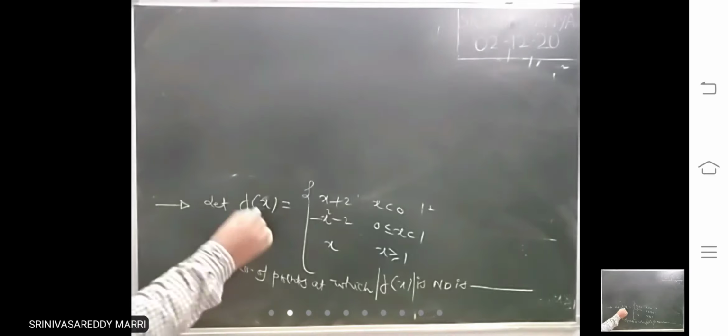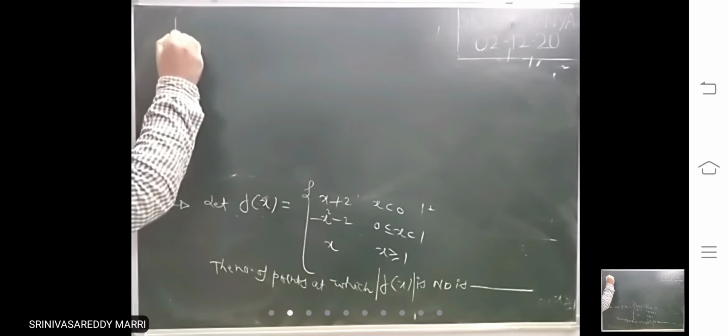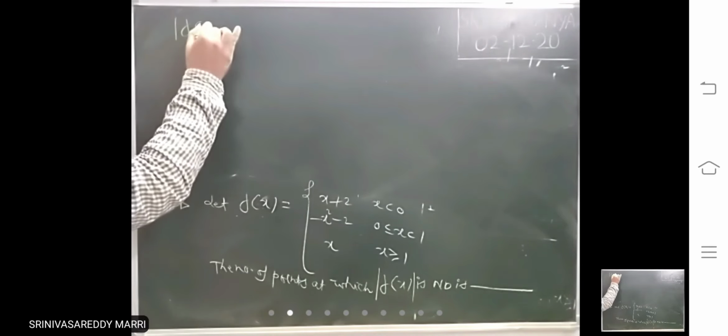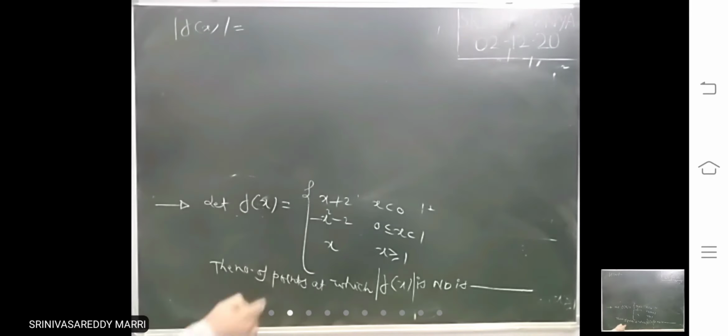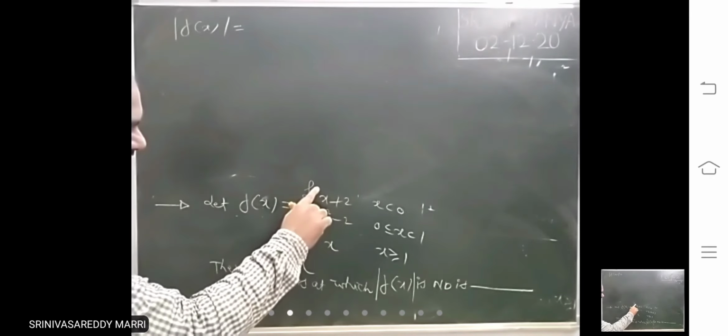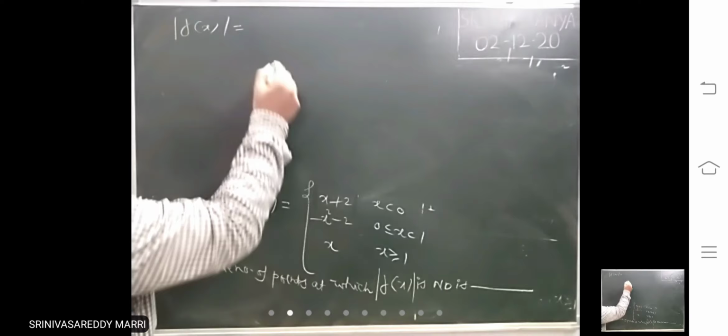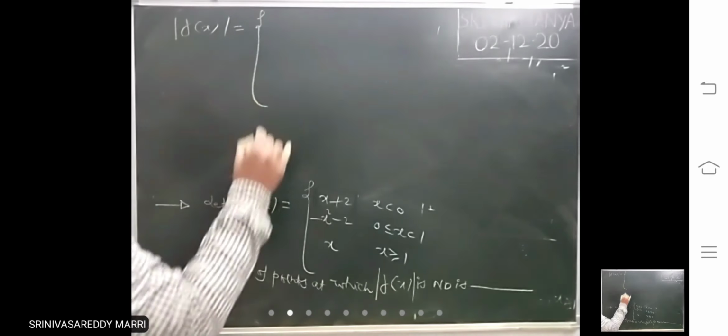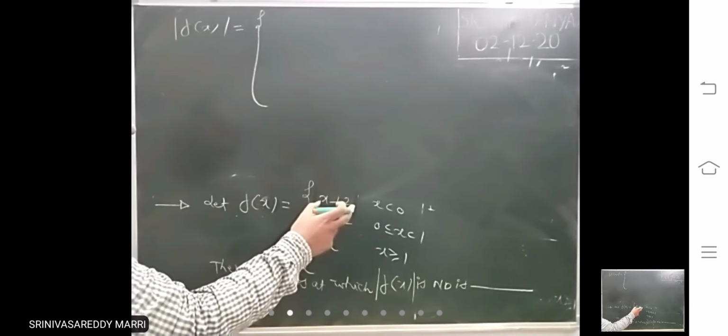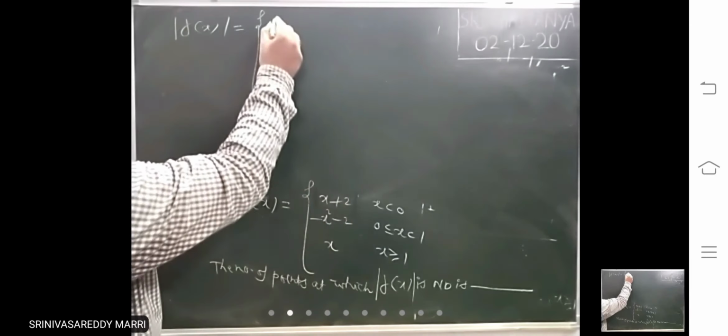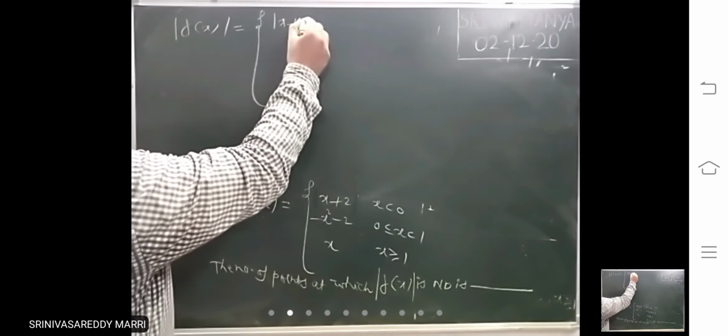Modulus f of x means, first calculate that function. Wherever there is the function, here write modulus. If f of x is this, modulus f of x means modulus x plus 2.